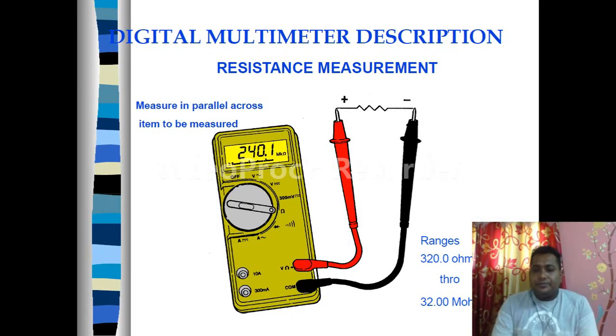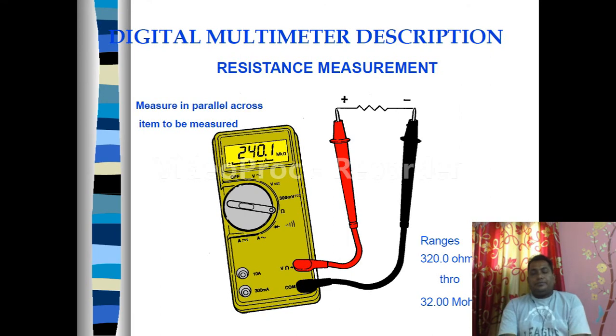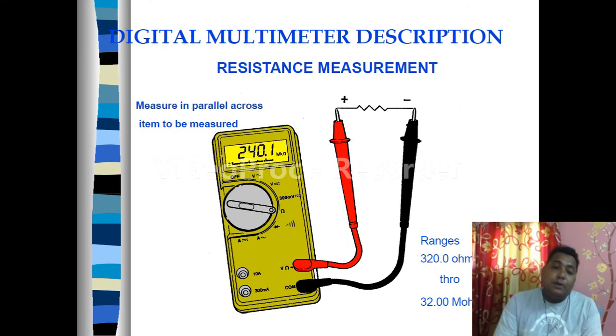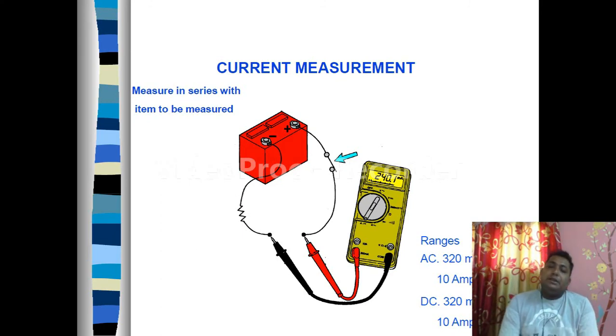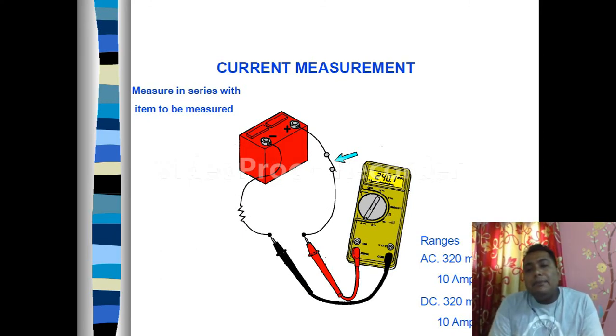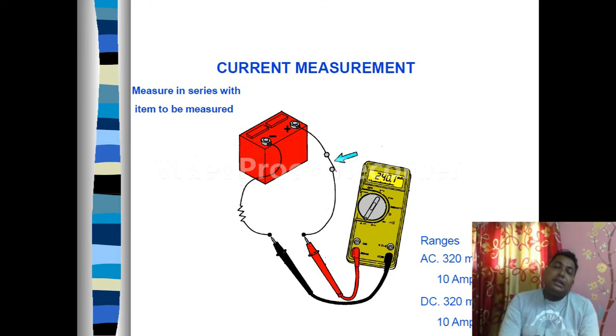Resistance, 320 ohm to 32 mega ohm, up to that we can measure. Current measurement, 320 milliamperes to 10 amperes in case of AC. In case of DC, 320 milliampere to 10 ampere we can measure. So in the current case, the ranges are the same.